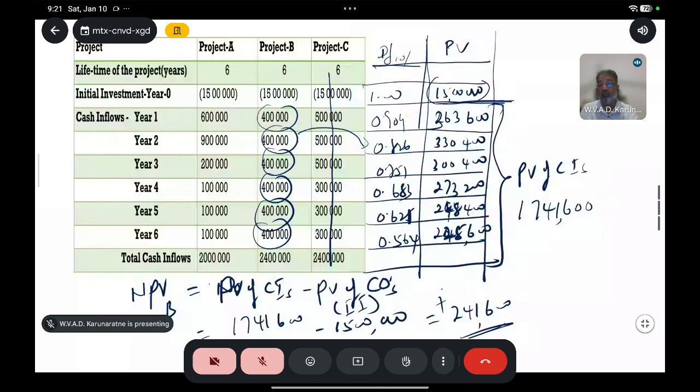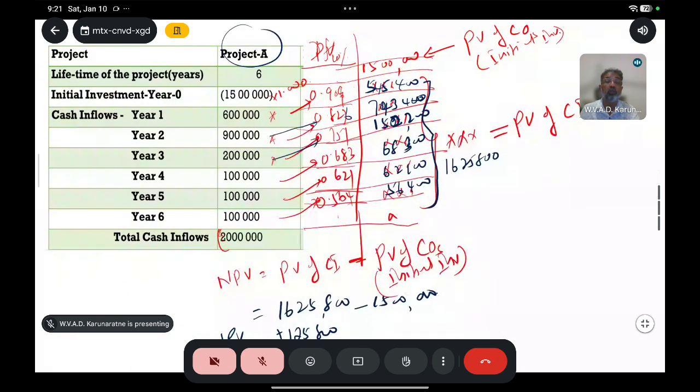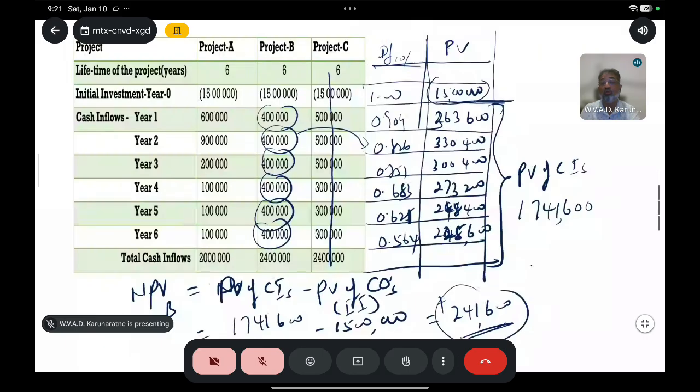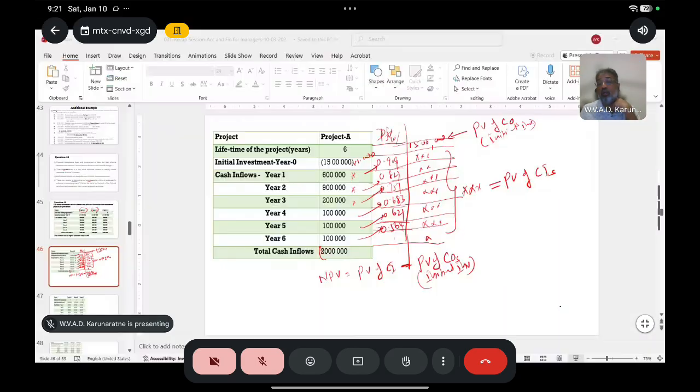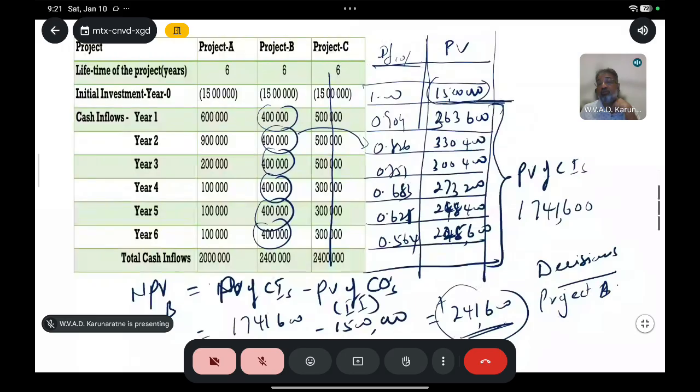You can do the same thing for project B. Now, if we assume you are given only two projects, A and B, as per A your NPV is 125, and now this is 241. So what is the decision? If you have only two projects, A and B, project B is better when comparing with project A, because project B has the highest positive NPV, right?